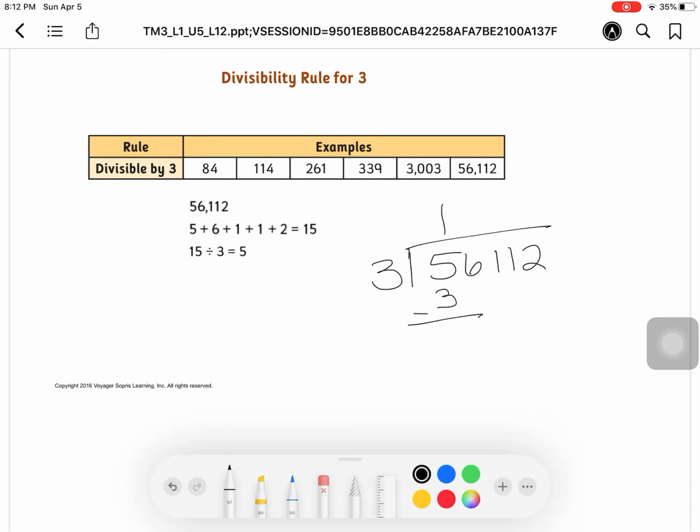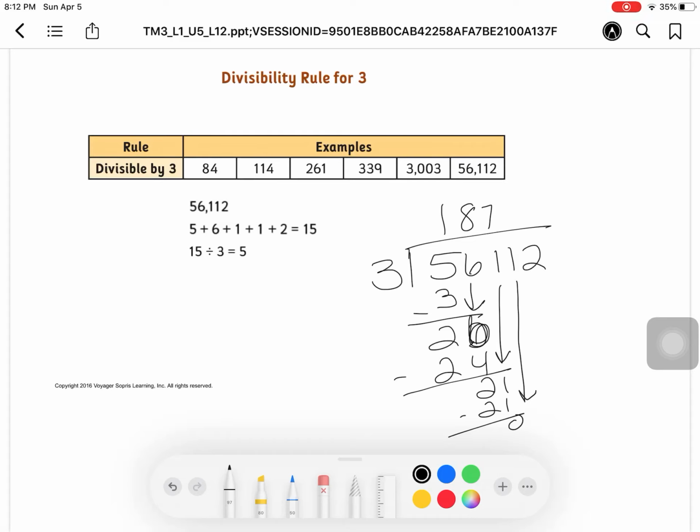And I'm going to subtract. I get 2. Bring down my 6. 3 will go into 26 8 times. 3 times 8 is 24. I'm going to bring down my 1. I know 3 goes into 21 7 times. 3 times 7 is 21.